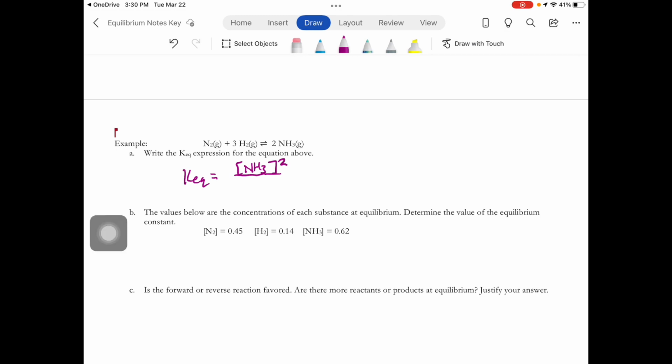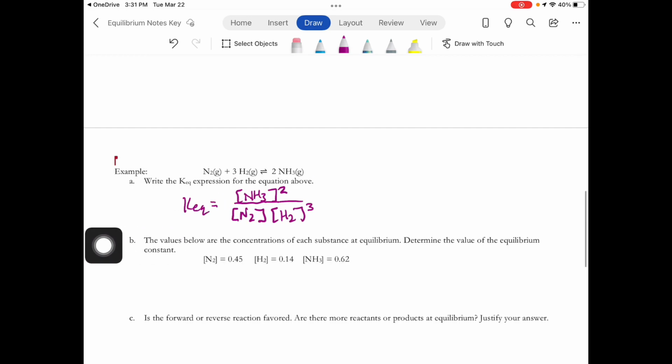Then we're going to take our reactants and put them on the bottom. We have N2, which doesn't have a coefficient, so we don't need to put a power on it, and then we have H2, and then the power is 3.